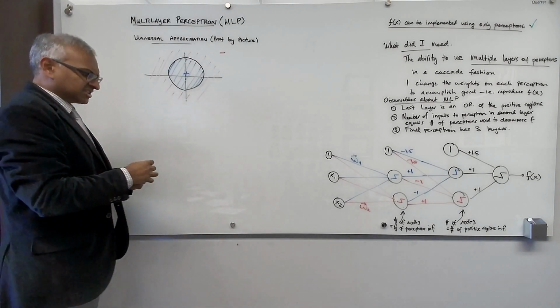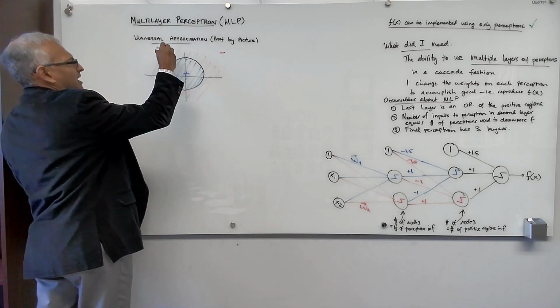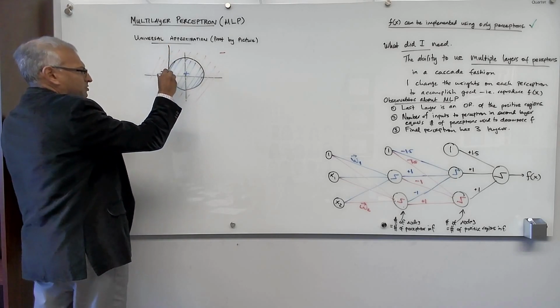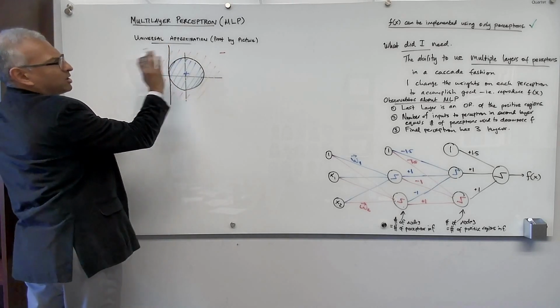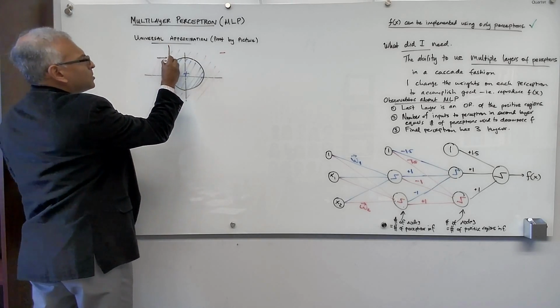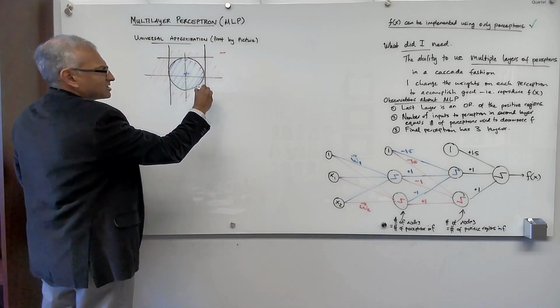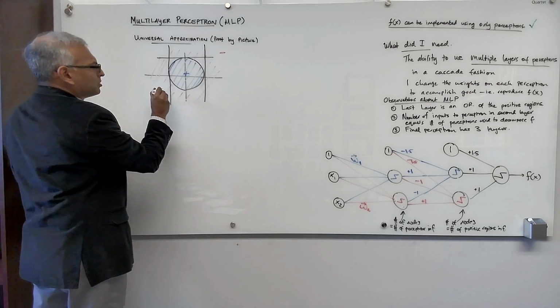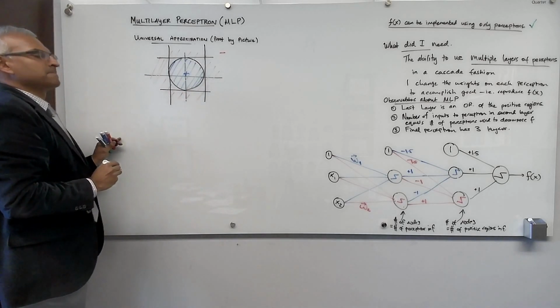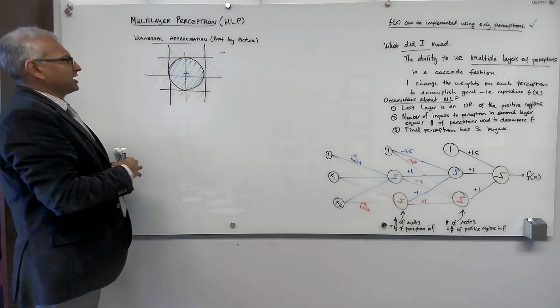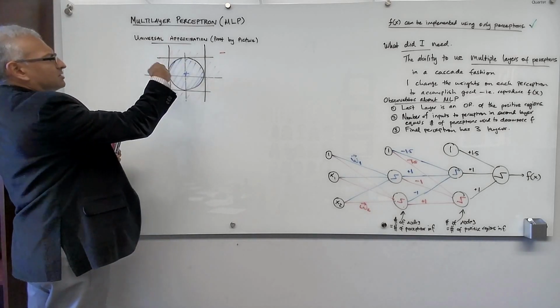Okay, so here's my first attempt. I'm going to put a line here. One of my perceptrons, let's call it W1, with positive inside, W2 with positive inside, W3 with positive inside, and W4 with positive inside. Okay, so what will that implement?